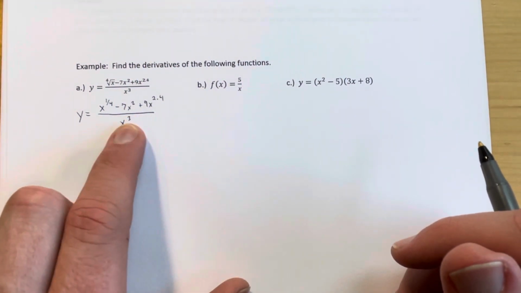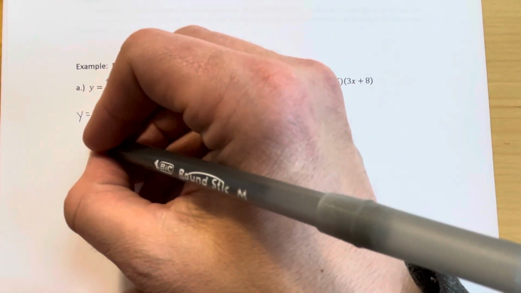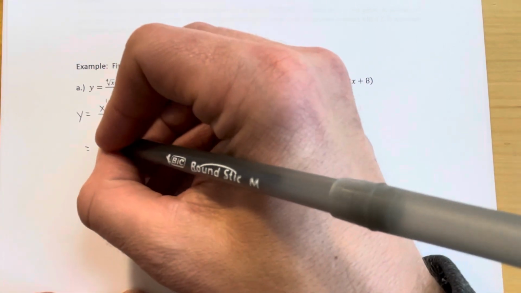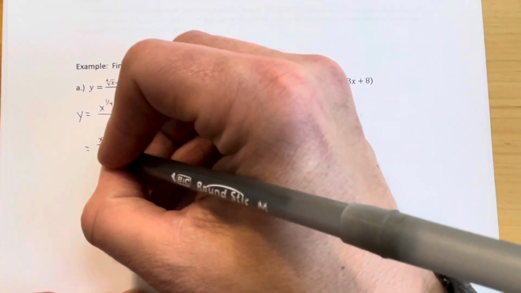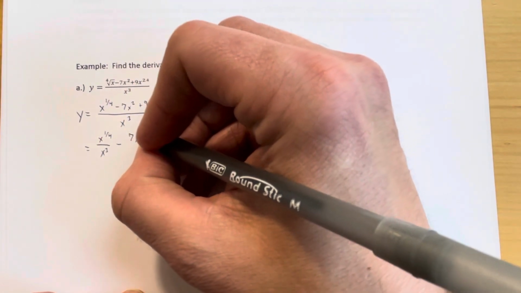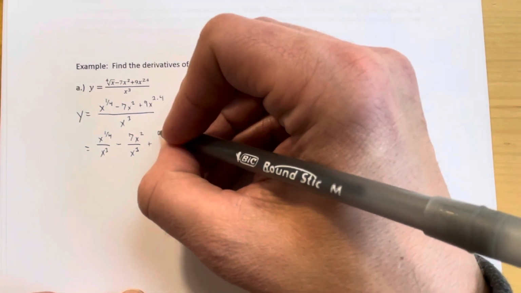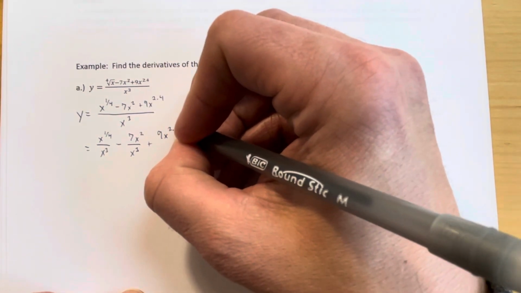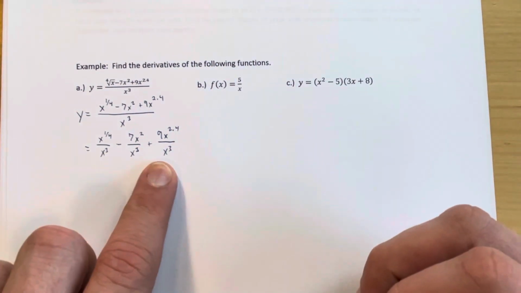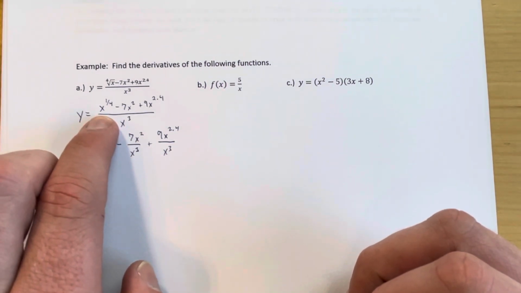Now I can separate this out into 3 separate rational expressions. I can write this as x to the 1/4 over x cubed minus 7x squared over x cubed plus 9x to the 2.4 power over x cubed. I have a common denominator here, so if I was going to go back a step, I'd add these all together into a single rational expression.